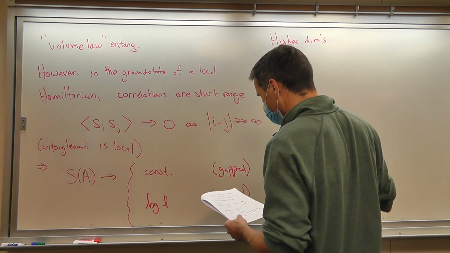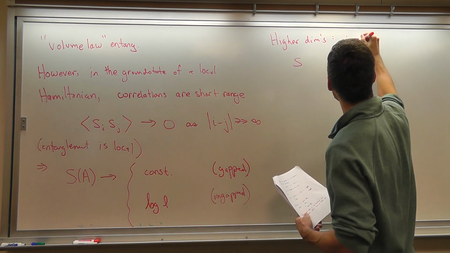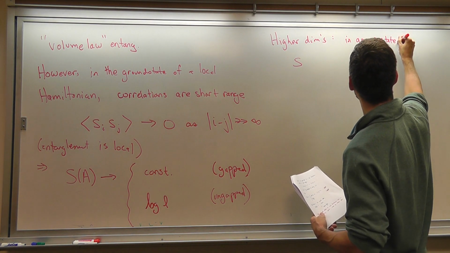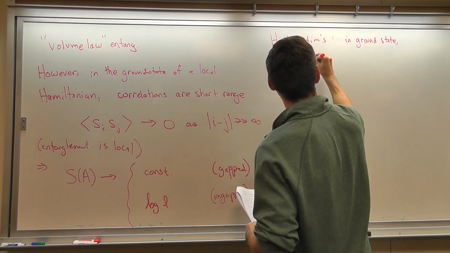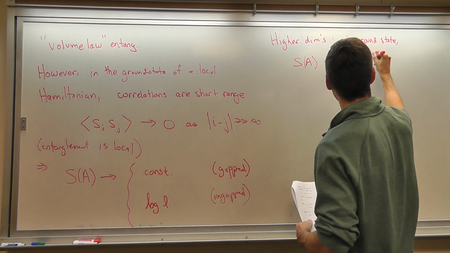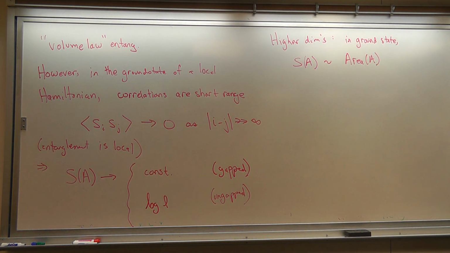So in higher dimensions, in the ground state, S of A goes as the area of A. In one dimension, that's just a constant. The area of an interval is just 1.